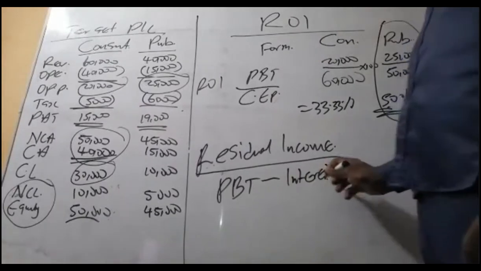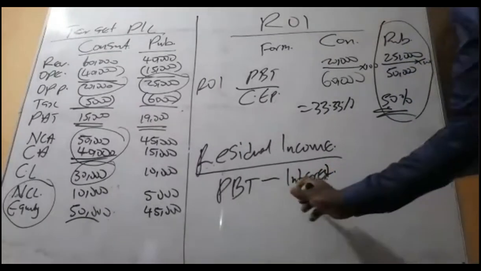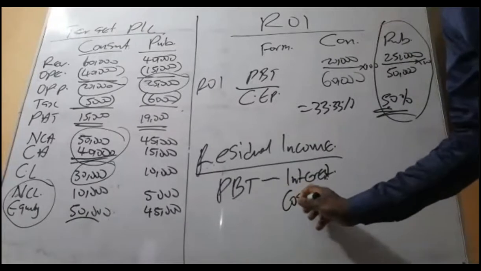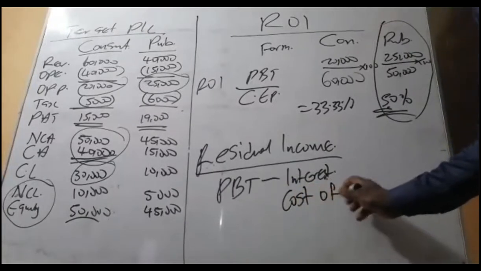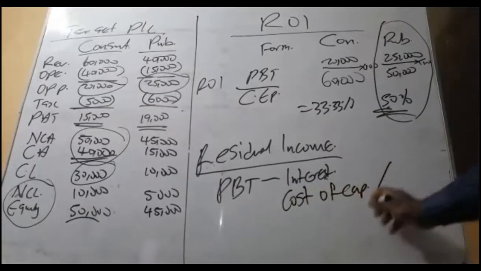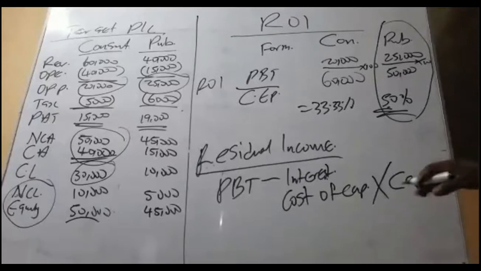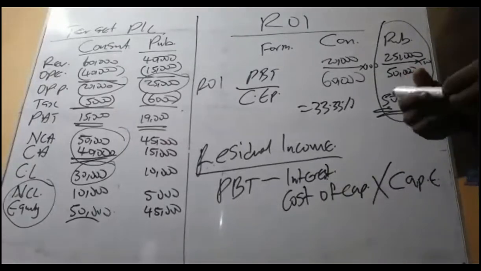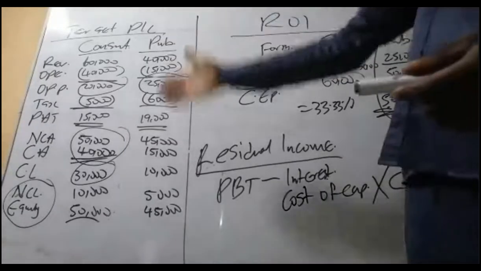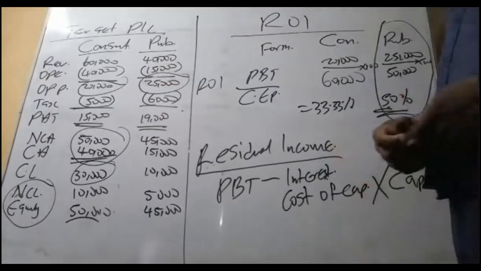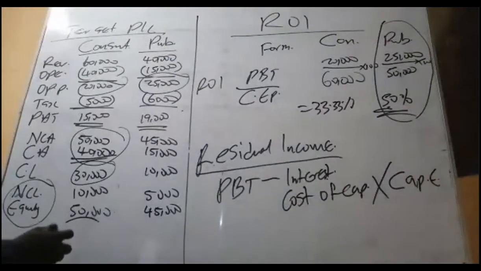Now here, how do you get it? They'll give you the cost of capital or cost of finance, so cost of capital times the capital employed. That's all. So the capital employed times the cost of capital. So here, let's assume that Target PLC's cost of capital is 12%.